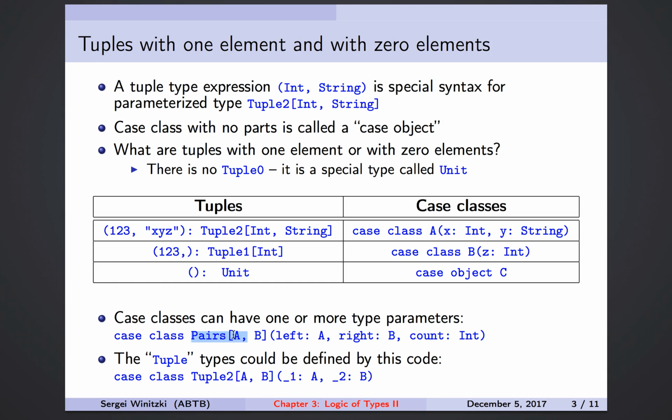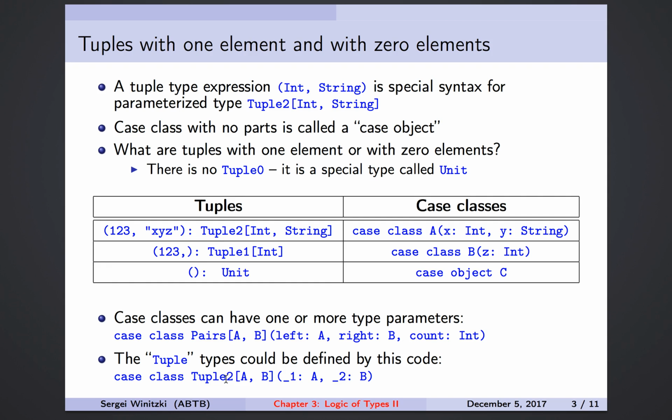For any of these values of a type variable A and values of type variable B, you have a tuple with names, and the names are here left, right, and count. The first part is of type A, the second is of type B, and the third is of type Int. So the third type is always the same, but the first and the second types could be different. Whenever you use this case class, you can use it with different types.